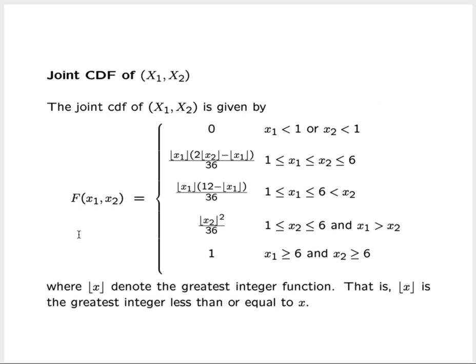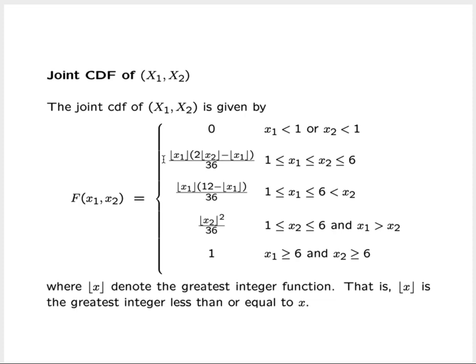And so the CDF evaluated at a point x1, x2 is going to evaluate to 0 if either x1 is less than 1 or x2 is less than 1. If the point at which we're evaluating the CDF is such that x1 and x2 are greater than or equal to 1 and less than or equal to 6, and x1 is less than or equal to x2, then it evaluates to this expression here in the second line in this piecewise defined function.